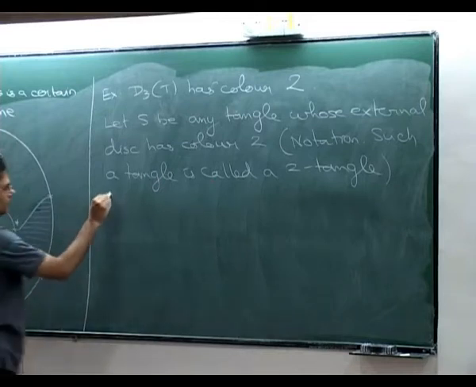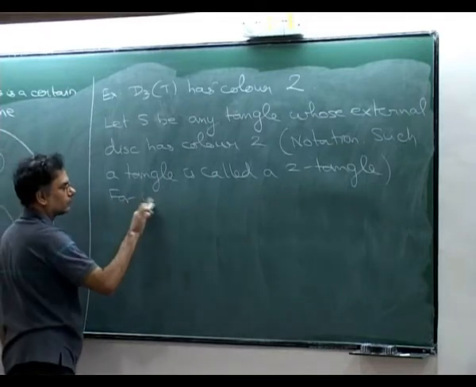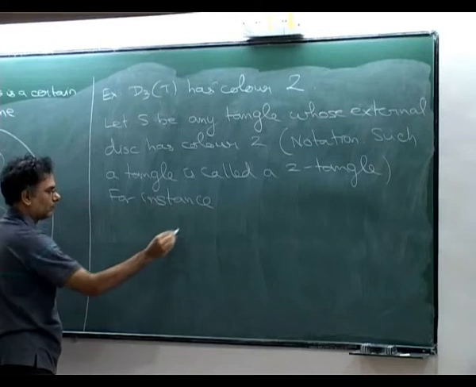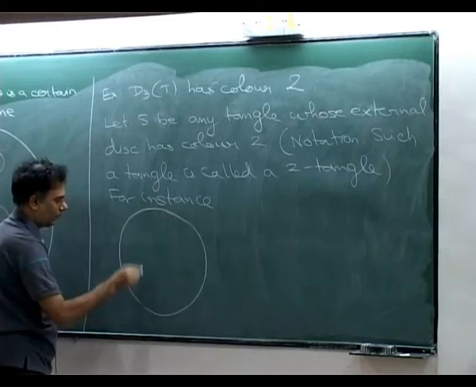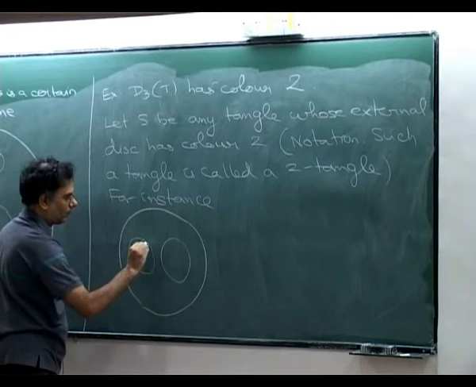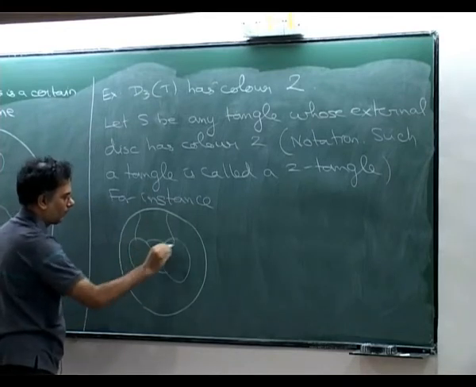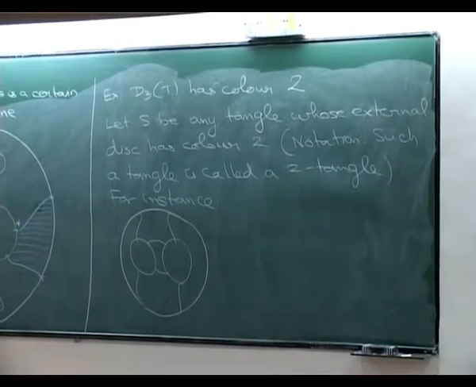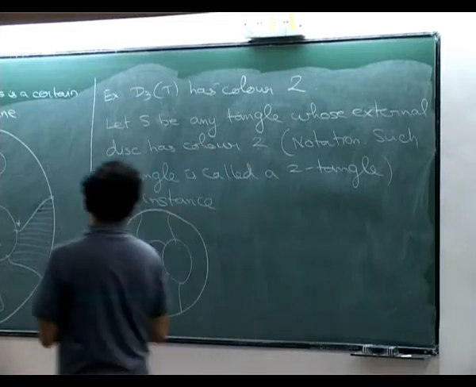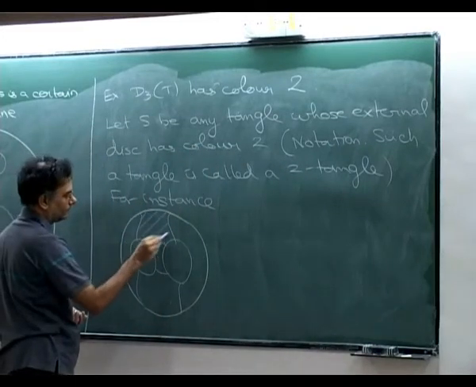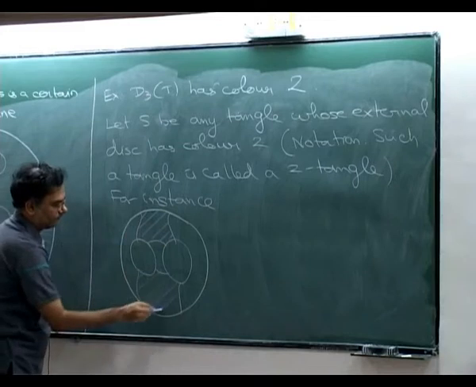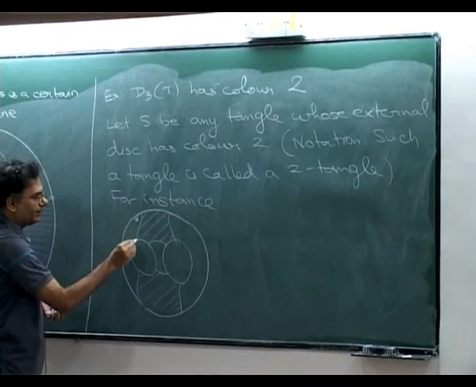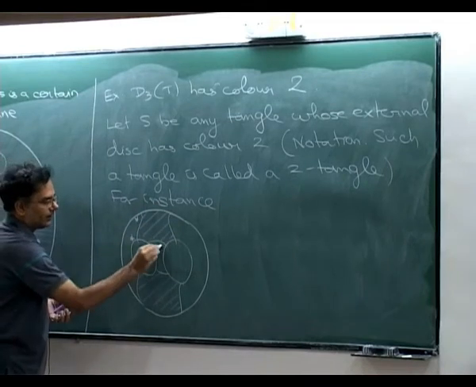For example, let me shade it also, and let me put the stars. The star region for this outside is this white region, the star region for this is this, the star region for this is this.